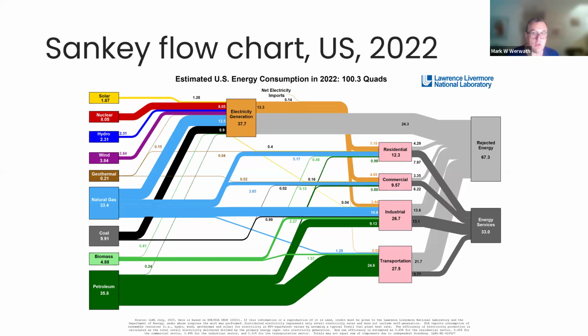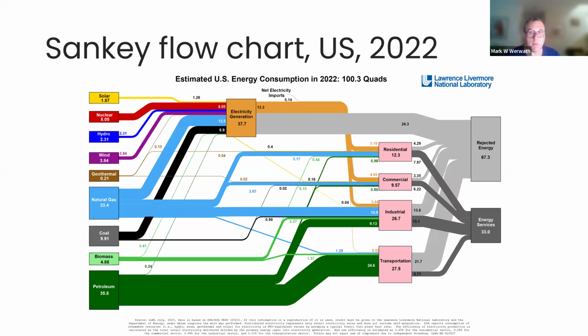And where does that energy come from? It comes from petroleum. However, you can see that there's quite a bit that's wasted along the way. If indeed 35.8 quads, and a quad is a quadrillion BTUs, of energy is started from petroleum, what is actually rejected is 21.7, and what is actually absorbed is 5.77.